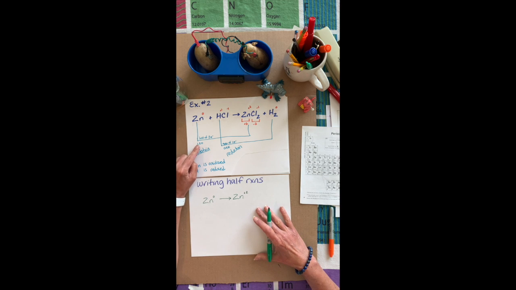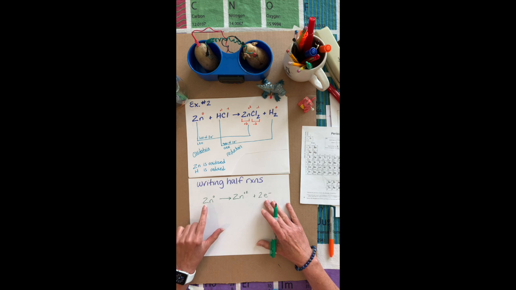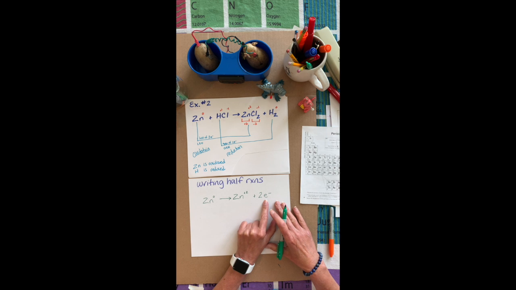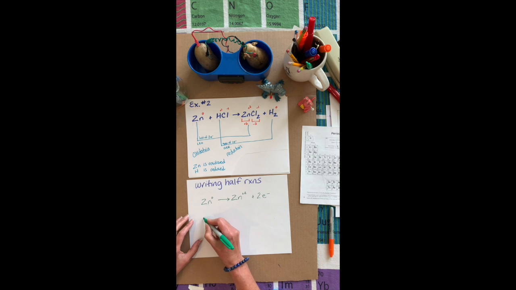Zinc lost 2 electrons. So I'm going to write that on the right-hand side. This zinc was oxidized to become zinc plus 2 plus the 2 electrons that it lost. Let's look at our hydrogen.